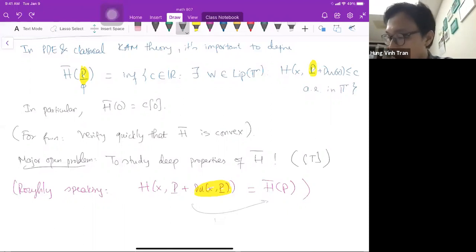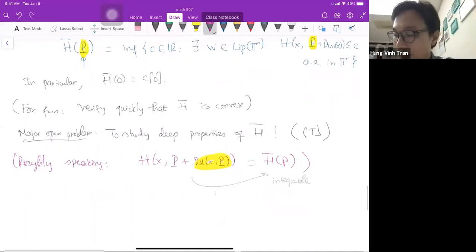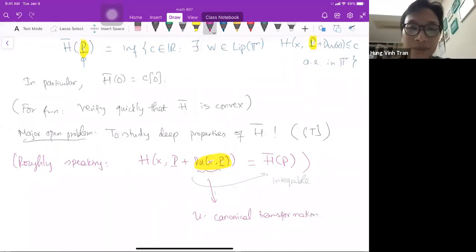So you're going to have the Hamiltonian ODE is integrable because it's only depending on the momentum, and this u here is nothing but a canonical transformation. So this is coming from KAM theory, classical KAM.